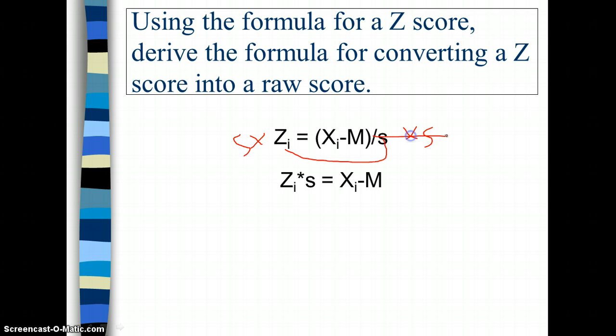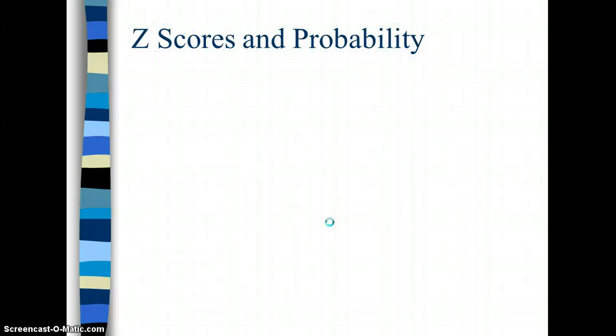When you multiply it over here, it crosses it out, and you're left with that. And then all you have to do is to add the mean to each side, right? It crosses out here because a negative one and a positive one exists, and all you're left with is the plus. Right? So if you wanted to convert forwards and backwards, you can do that relatively easily.